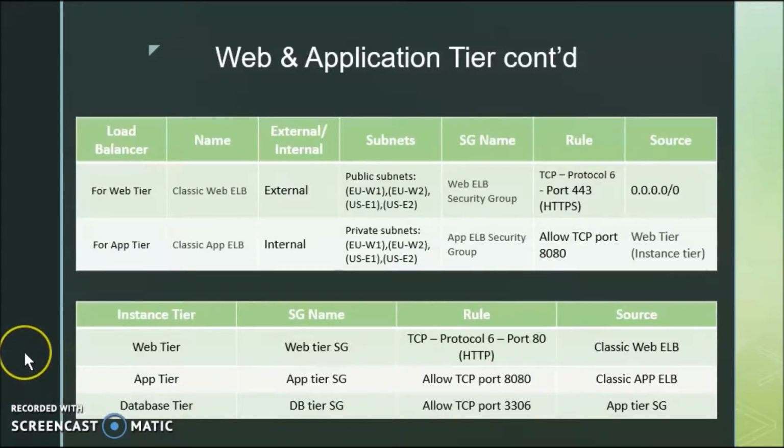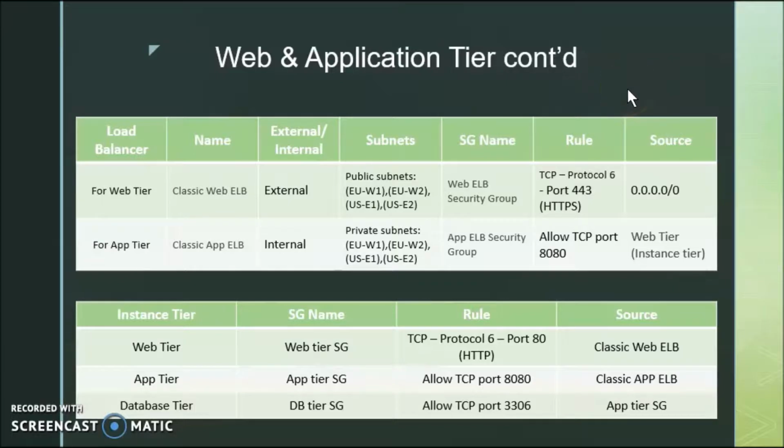So the web tier elastic load balancer will be allowing the internet gateway to have the data accessed from anywhere, while the application tier will only accept data that got in through the web tier. The web tier will be taking HTTPS requests from port 443 and transforming them into a suitable 8080 TCP port so that it would be usable in the private subnets for the app tier.